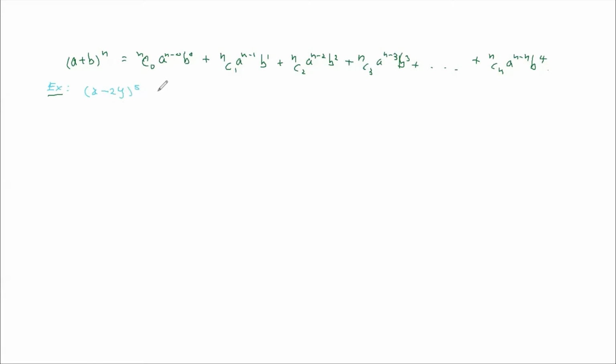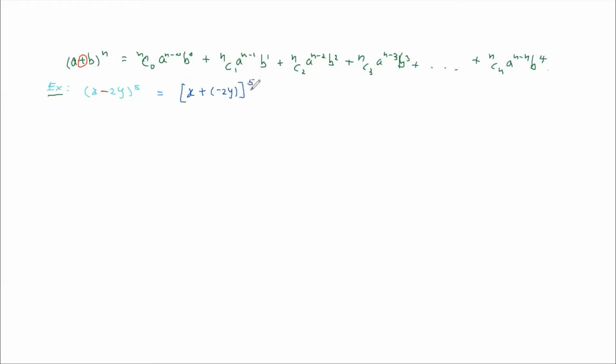Because the formula has a plus sign here, we have to convert, but this question has a negative. So we have to convert into the plus pattern according to the formula. So you can write x plus negative 2y, and the whole thing power 5.